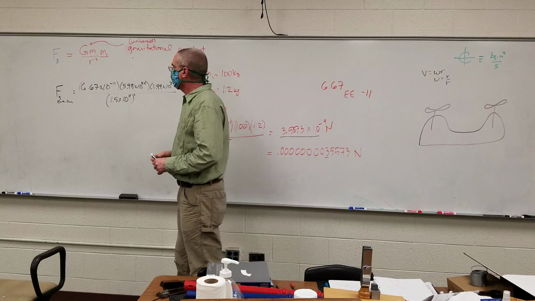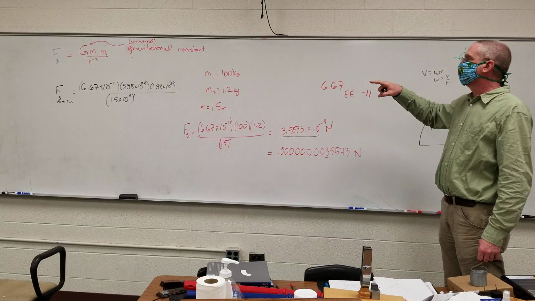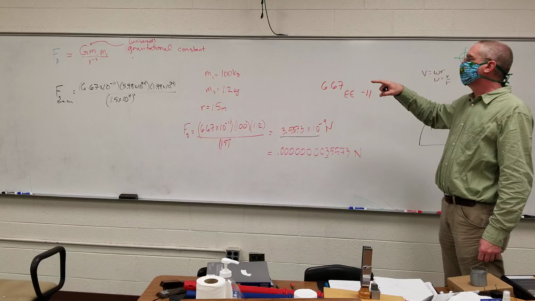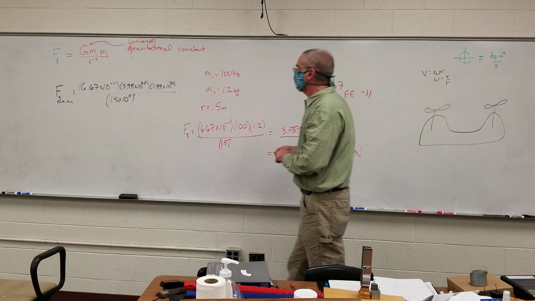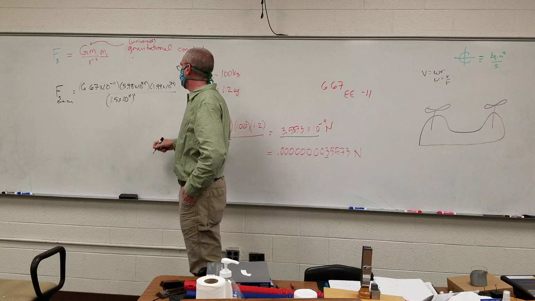So is that 1.99? Yes, 1.99 times 10 to the 30th. Okay. Close, I can get the approximation here.